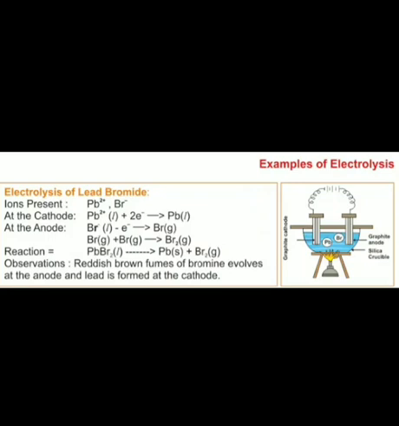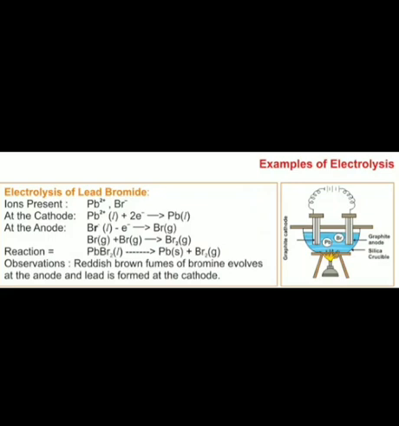So this is the electrolysis of molten lead bromide. At the cathode, reduction always takes place, and at the anode oxidation takes place. The product at the anode is bromine, and at the cathode the product formed is lead metal, Pb.